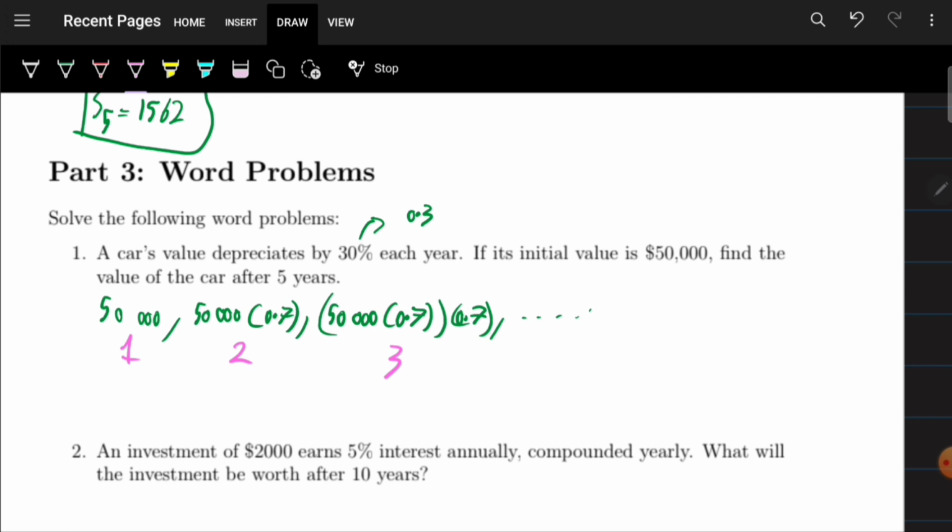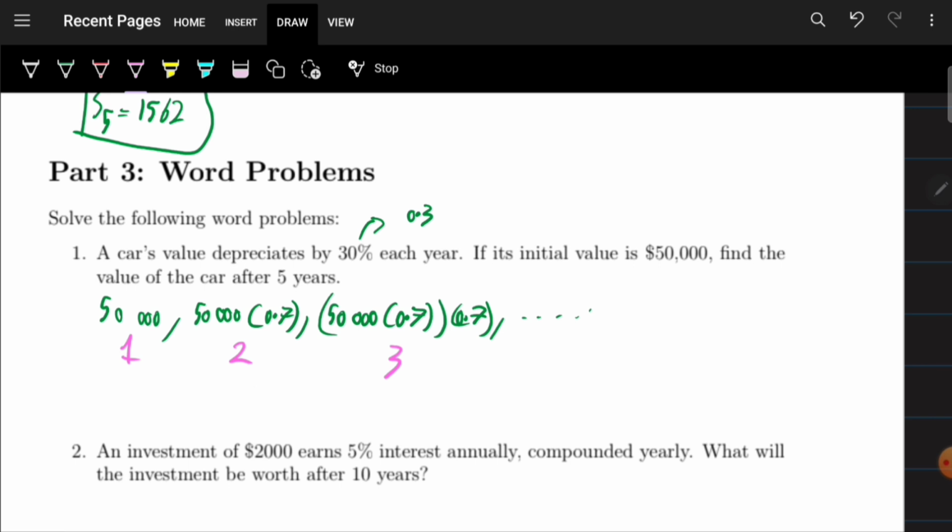And here's something kind of important. The car's value depreciates by 30% each year. So although this is our second term, this represents the car's value after 1 year. After 1 year, it's worth 70% as much. But this is the second term.